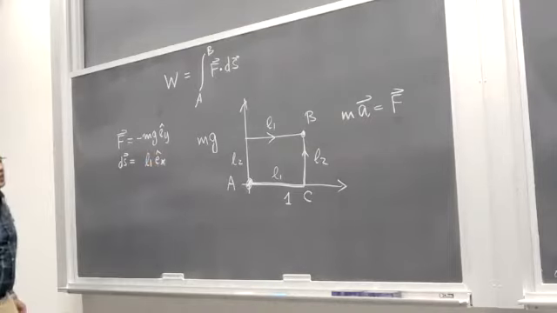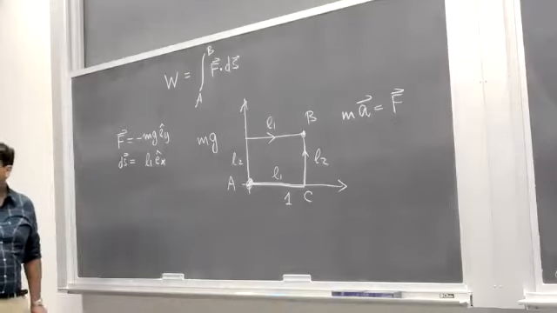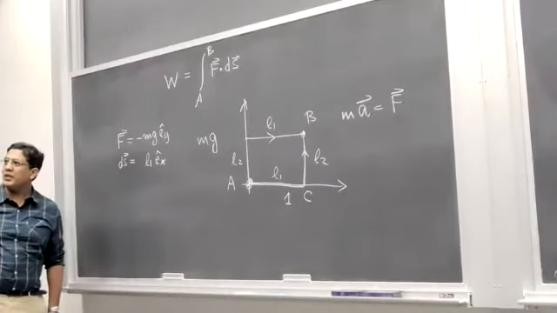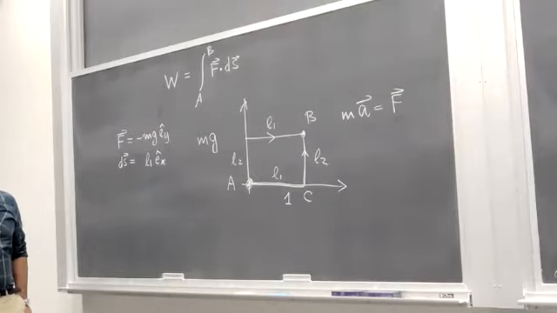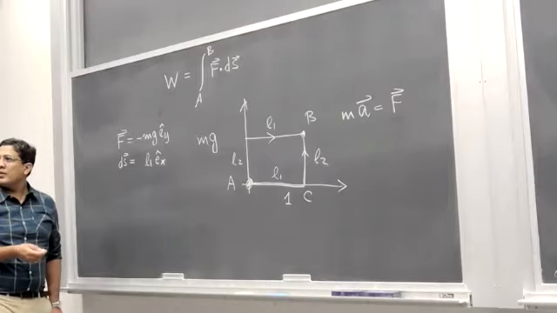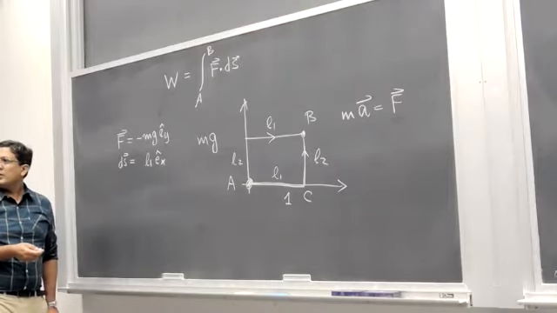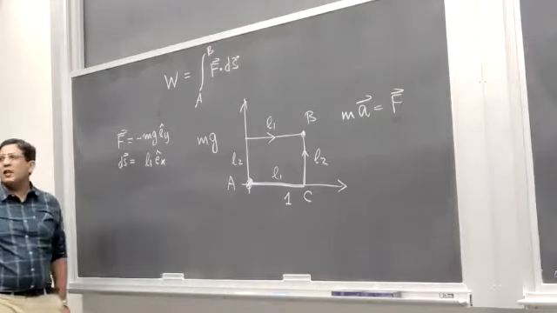So what would be the work done when you move the object from point A to C? Anyone, please quickly in chat. Dot product between these two vectors.